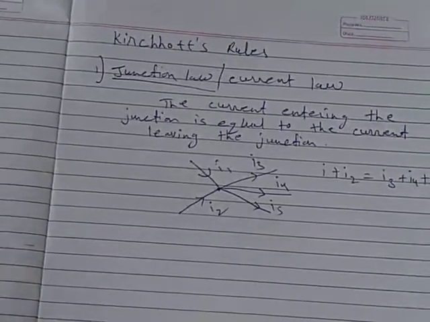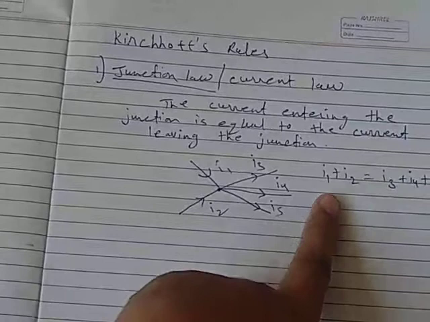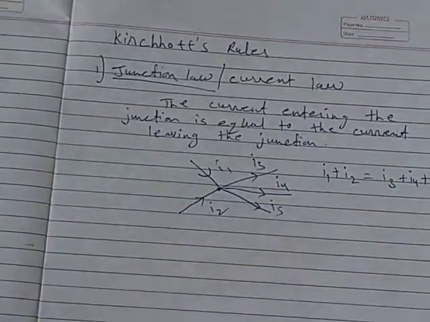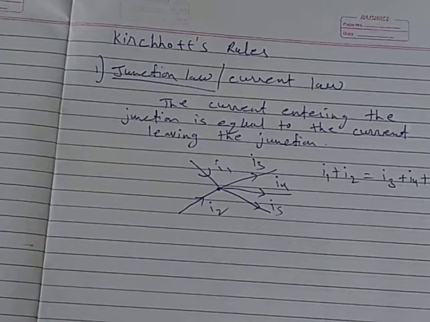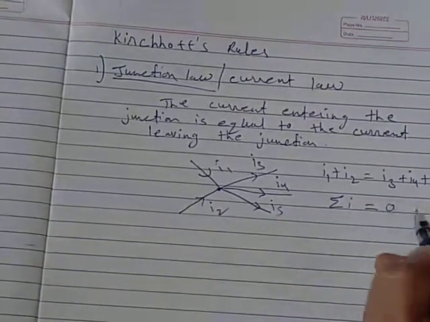So I1 and I2 are the entering currents, and I3, I4, and I5 are the leaving currents. This is known as the junction law, or we can say that the sum of the current at the junction is 0.